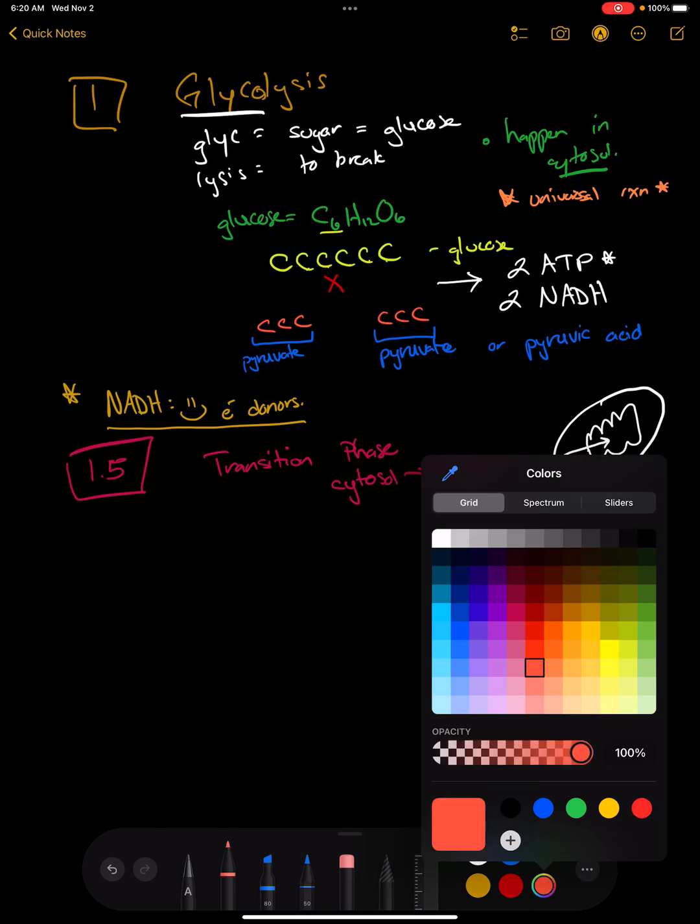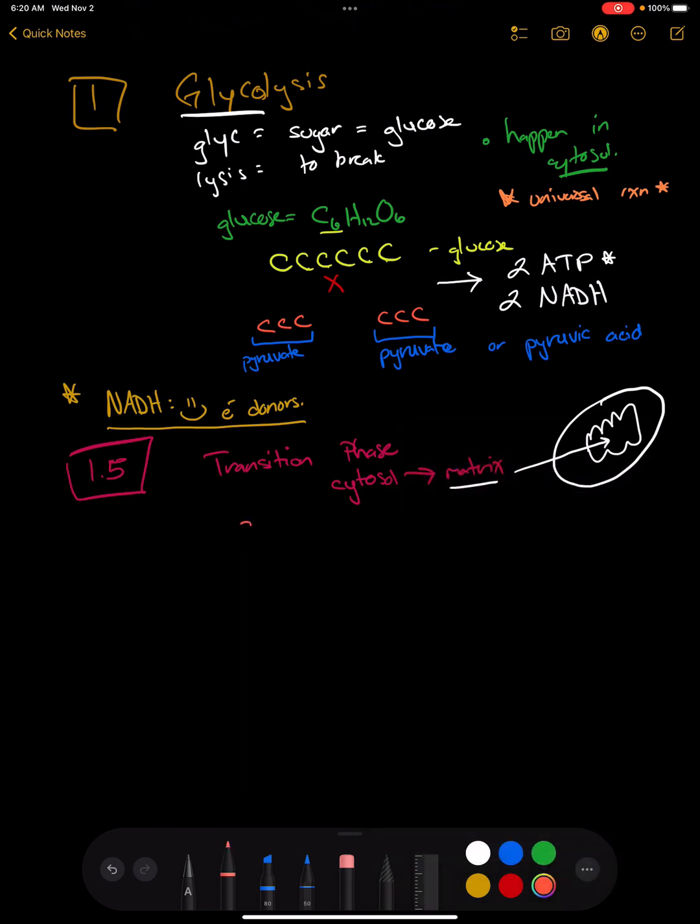But here's the deal. Here's where I start. Here are my 2 pyruvates, okay? Remember, these are pyruvate or pyruvic acid. Whenever I have to shove them through that mitochondrial membrane, right, I'm going from the cytosol to the matrix.